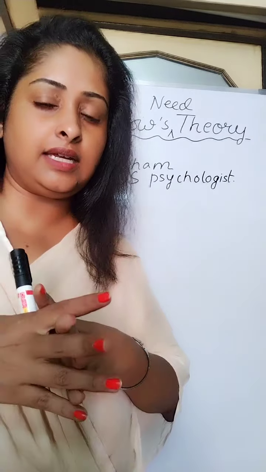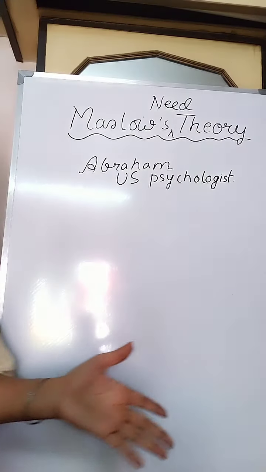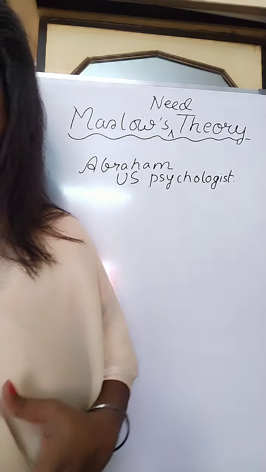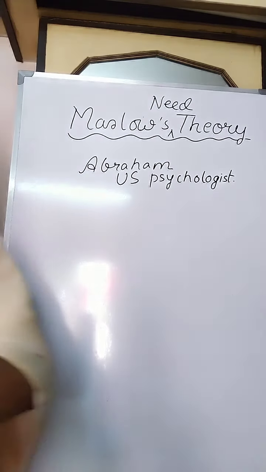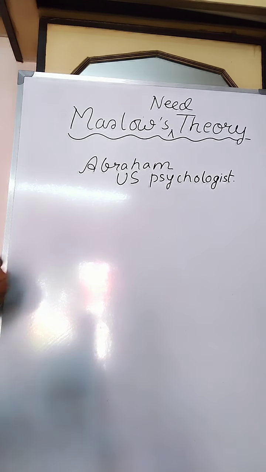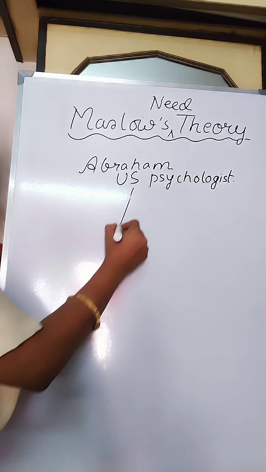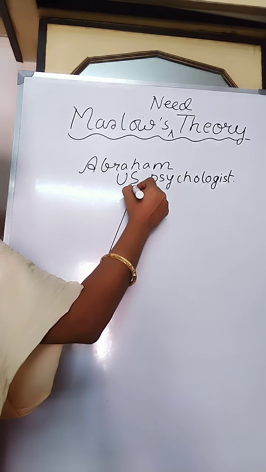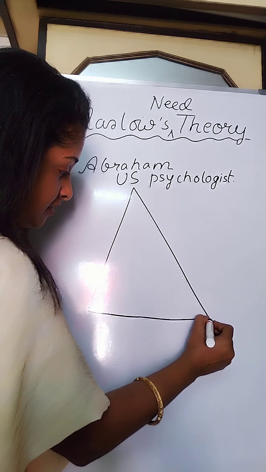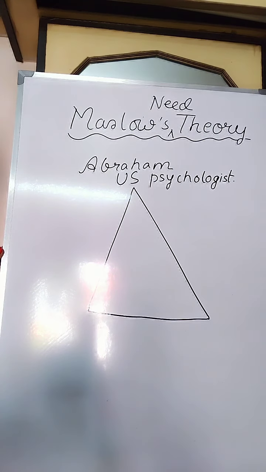How the hierarchy looks, that I will explain to you. Abraham Maslow has arranged the human needs in 5 categories that I will show you with the help of a pyramid. Now the pyramid looks like this. Why? Because he has presented a hierarchy.